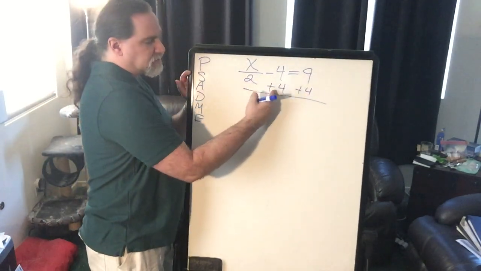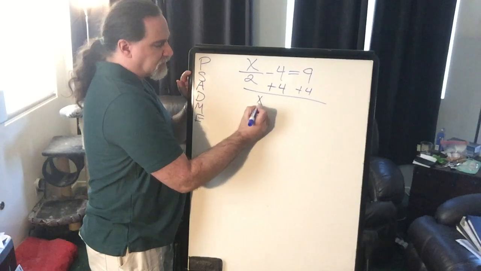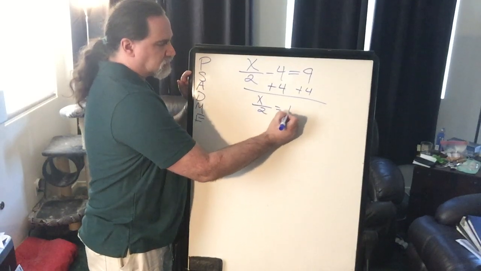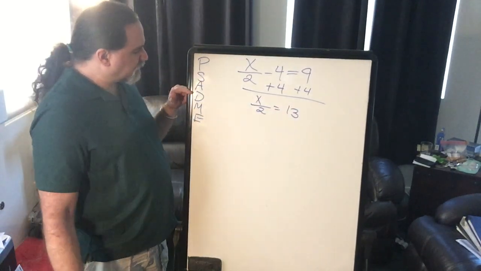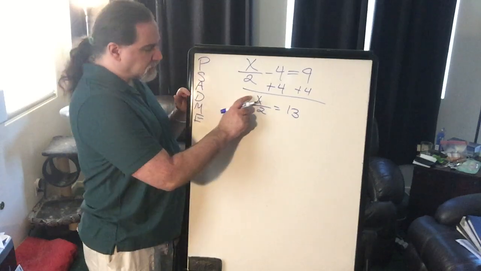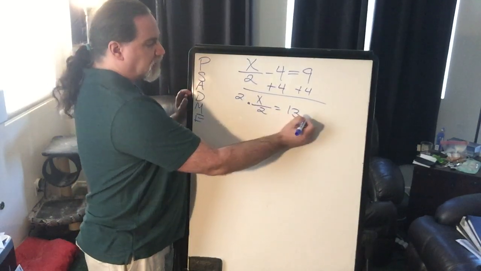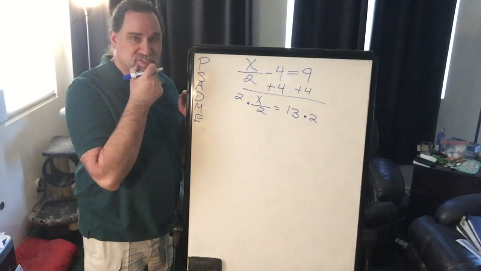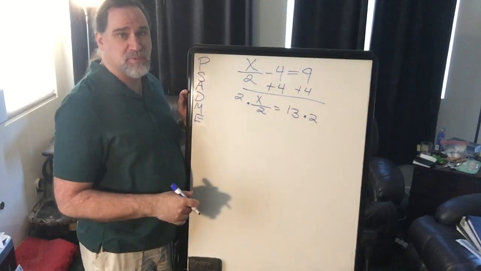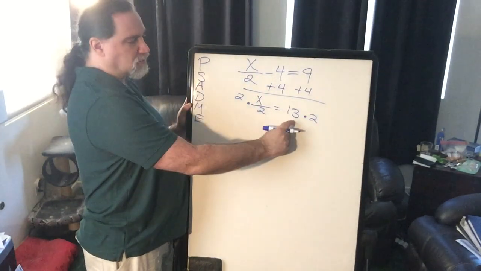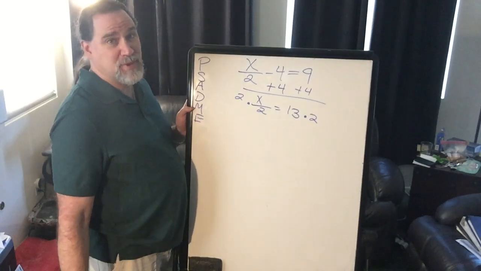As we stated, these are going to zero out, and I'm going to be left with x divided by 2 equals 13. Is there any division? Yeah, there is. x divided by 2, the opposite of divided by 2 would be to multiply by 2. Or if you remember from the last lesson, maybe I could cross multiply here if I wanted to. Especially if that were a fraction, I might do that. It might be another step I have to add.